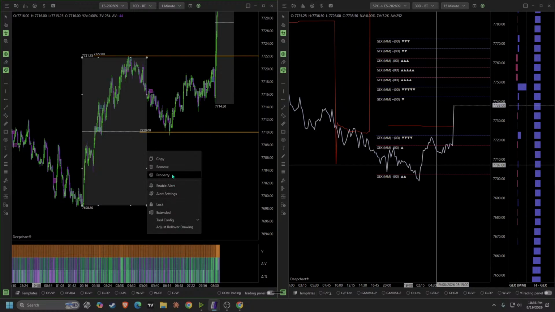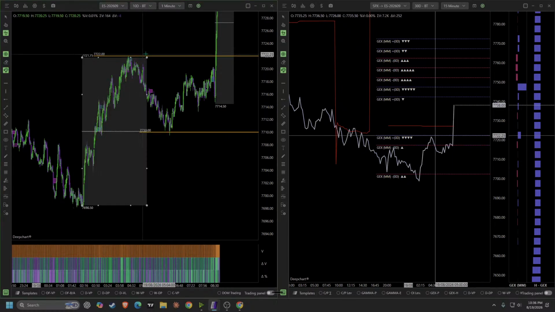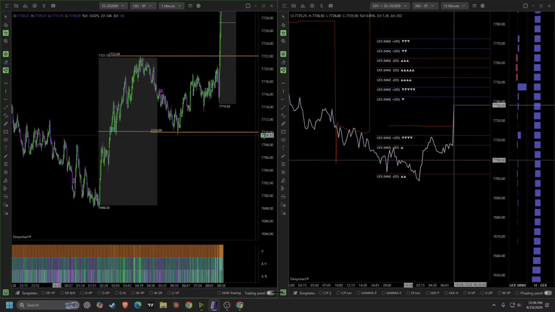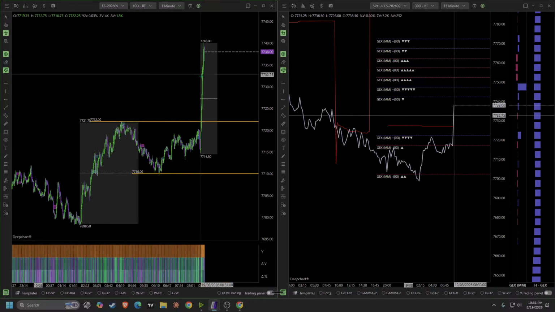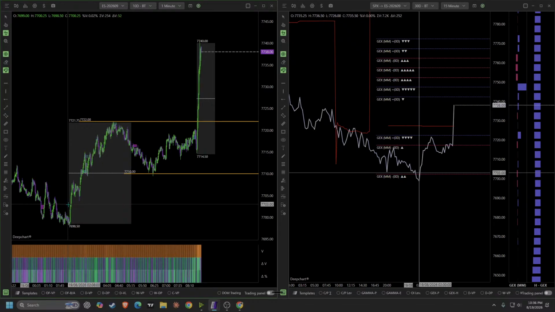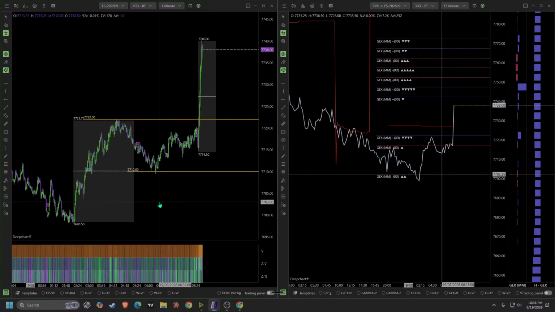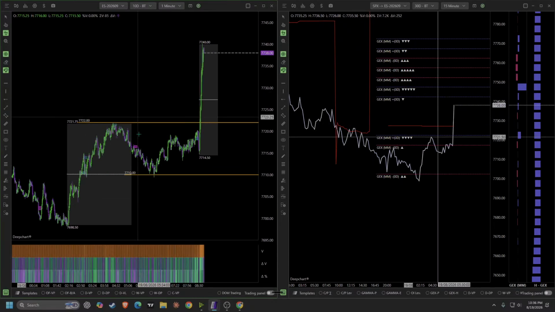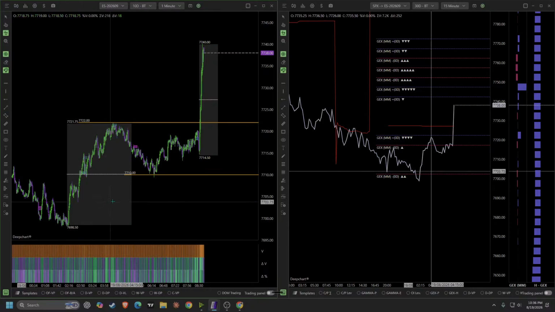So that was also a 25-point move, or 23. Just about. So it's kind of ironic that these moves are about the same size. All right, so those were significant ranges.